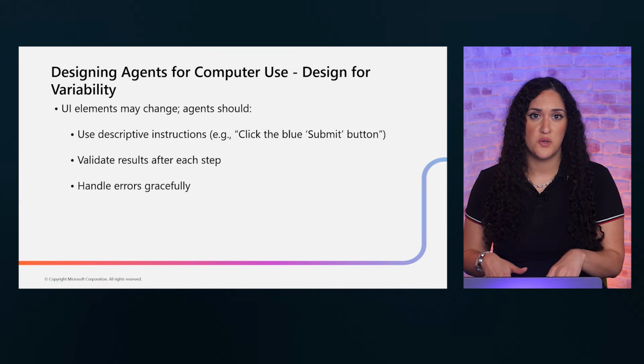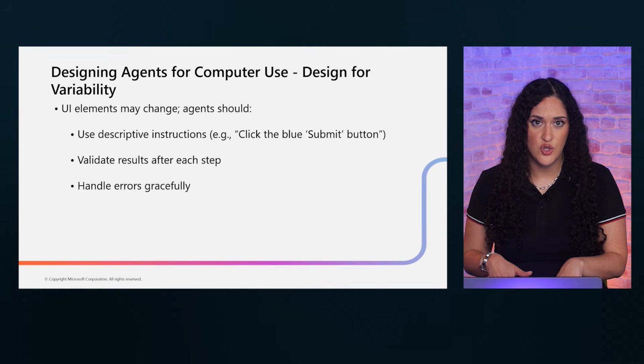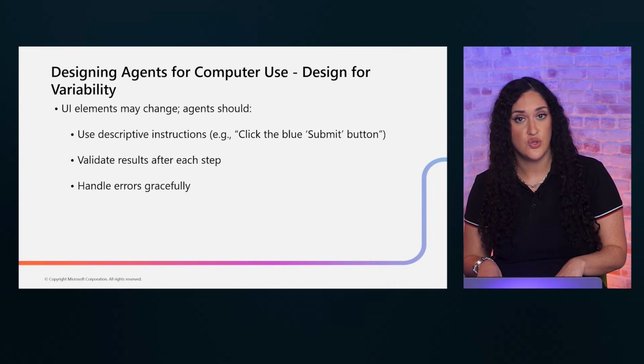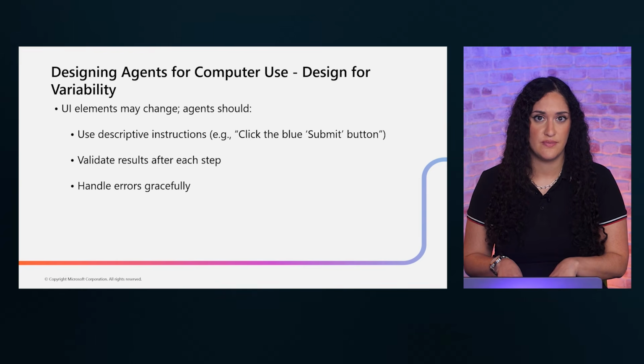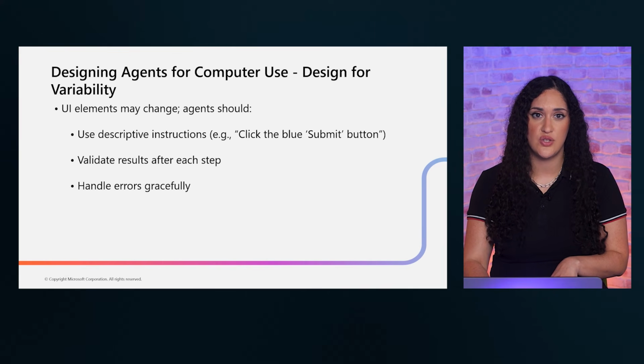The best practice is to build your computer use agents with the expectations that the UI will change. This mindset leads to more resilient designs, descriptive rather than positional references, robust validation, and clear fallback behaviors. Test regularly against the actual UI to catch changes early.